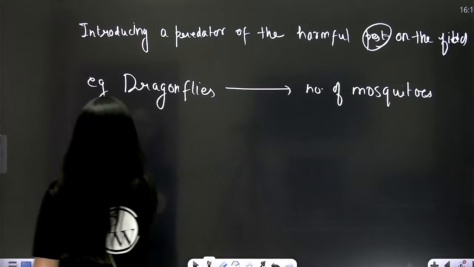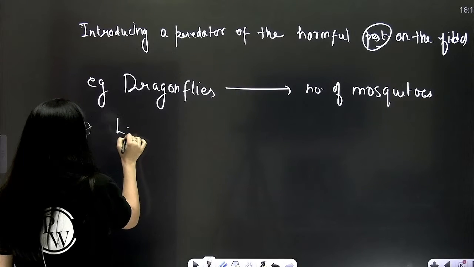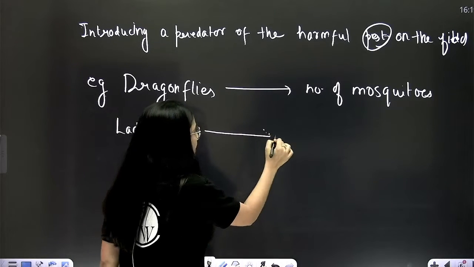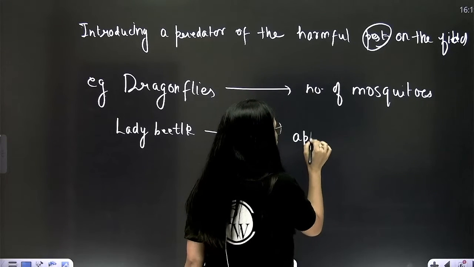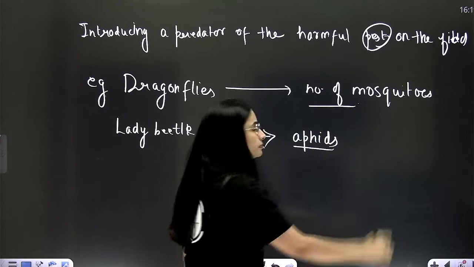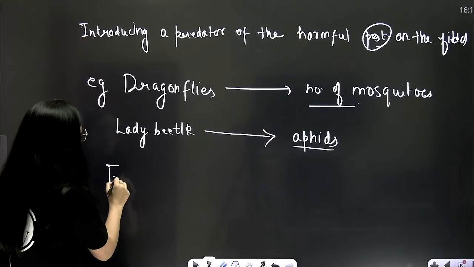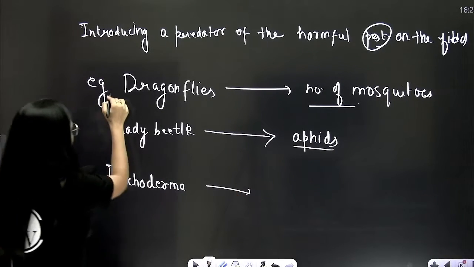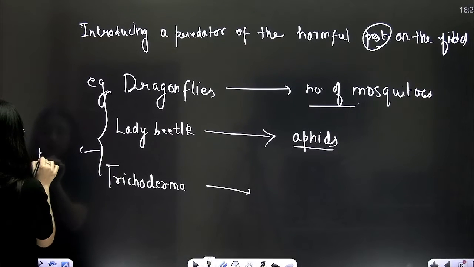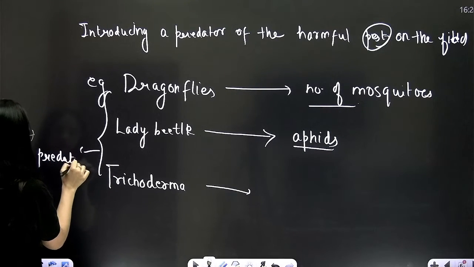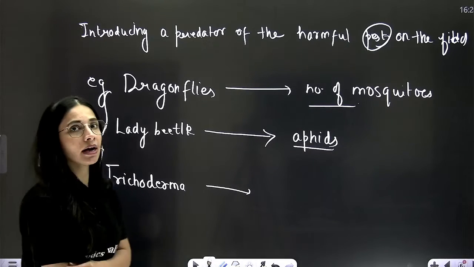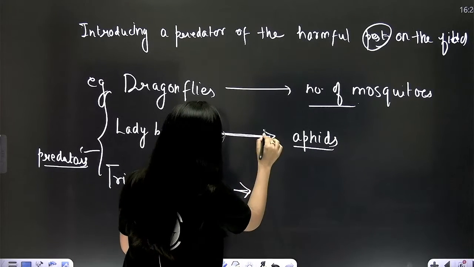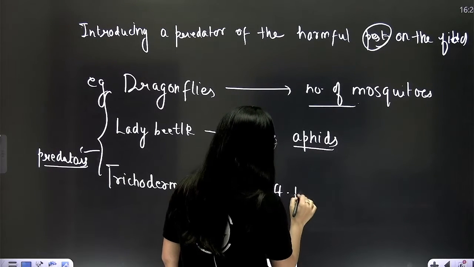Then lady beetle, which is introduced in the field in a wise manner to control the population of aphids. Correct? Then Trichoderma is a fungus. These are all the predators and they are the pest. So Trichoderma is introduced in the field in order to control different pathogens.